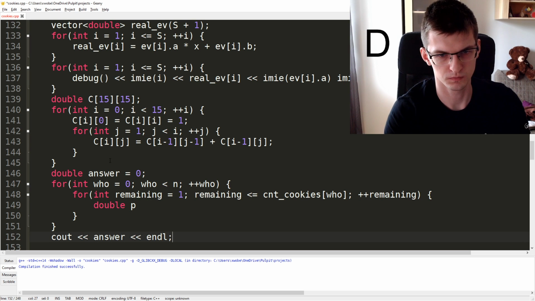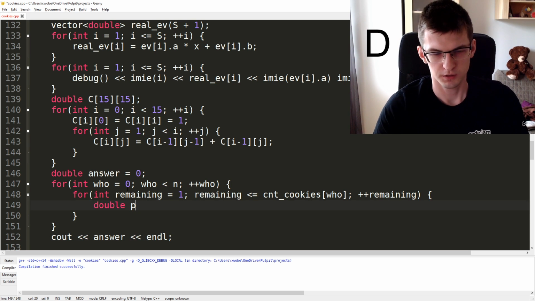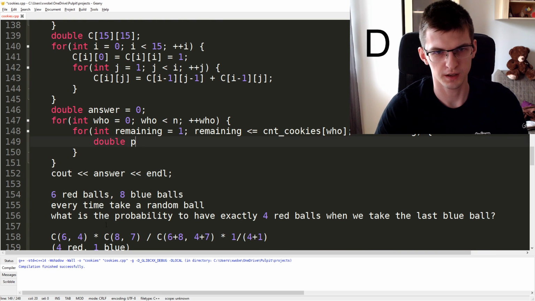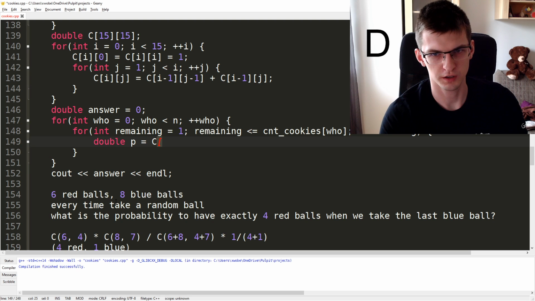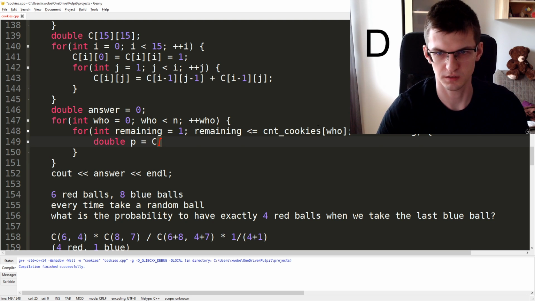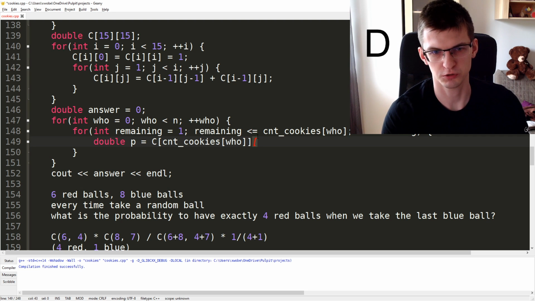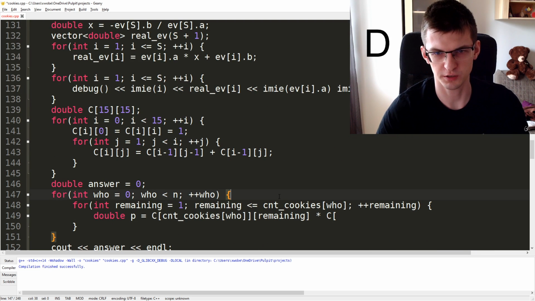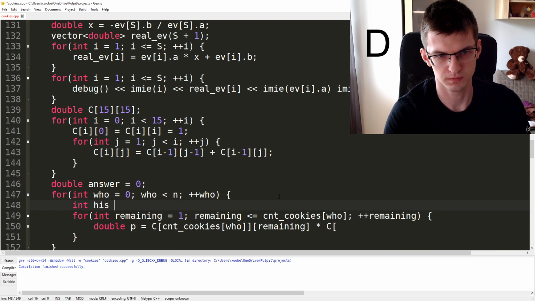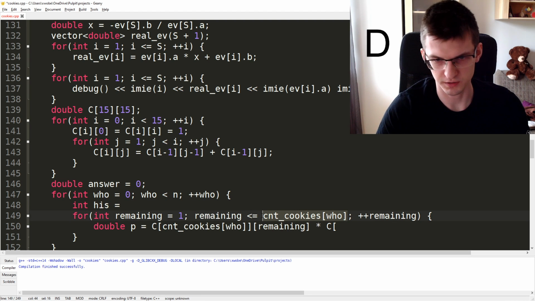What's the probability for that? The probability is, among his cookies I want to choose the remaining ones, times among cookies by other people. Let's create a variable because it's too long.